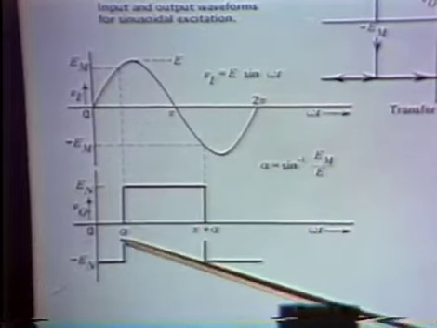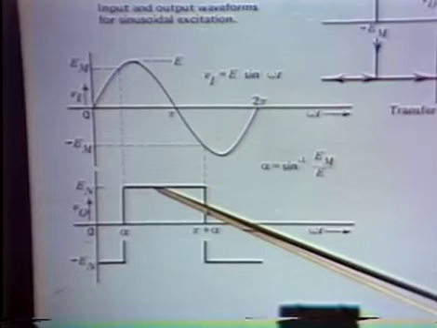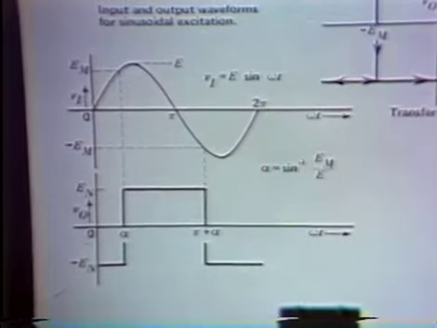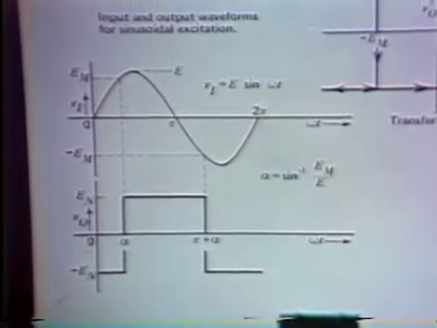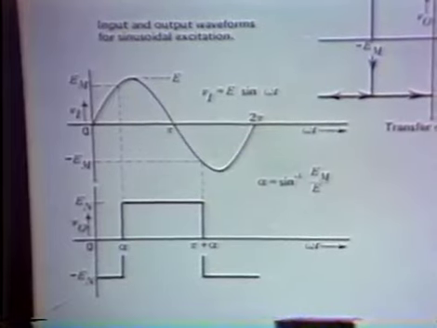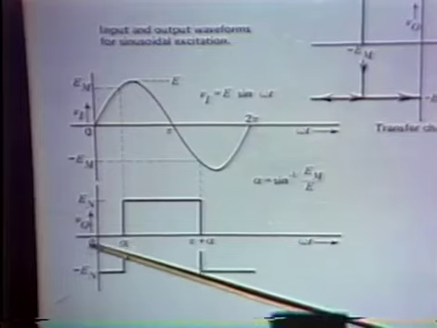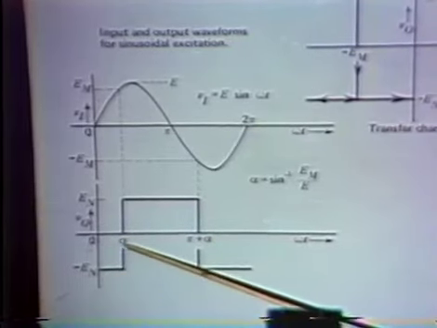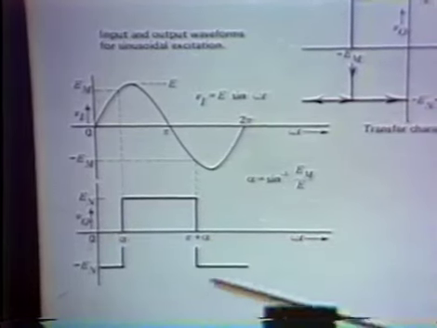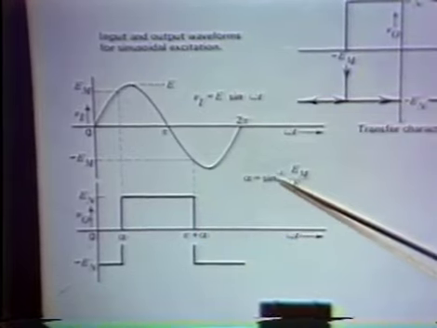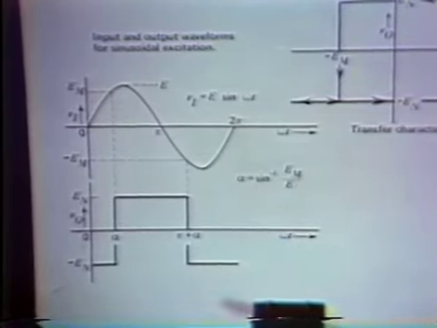And in that case, the output square wave is phase shifted by 90 degrees relative to the input sinusoid. If we keep track of the trigonometry involved, the amount of negative phase shift, this angle alpha, is simply equal to the arc sine of E sub m over E.